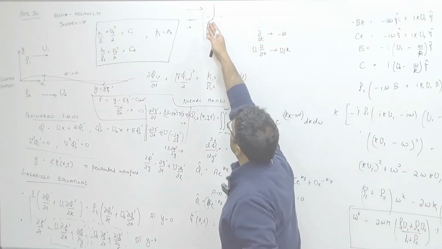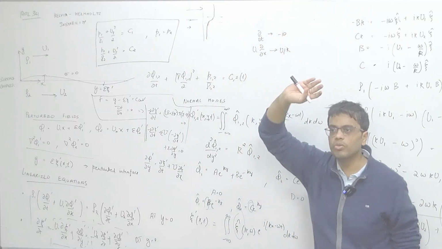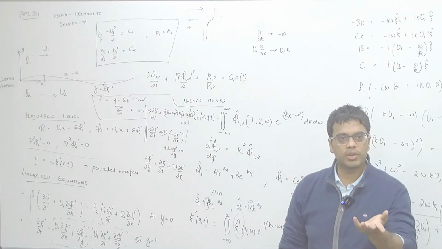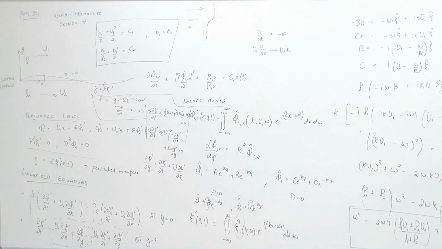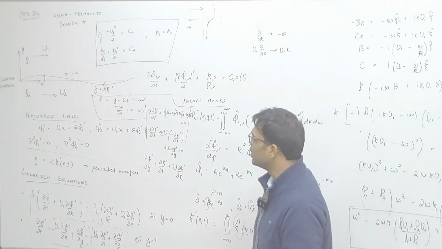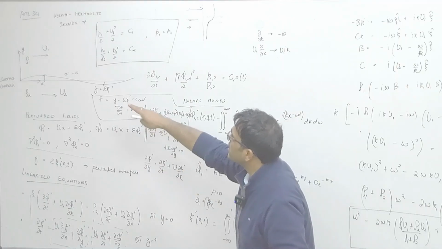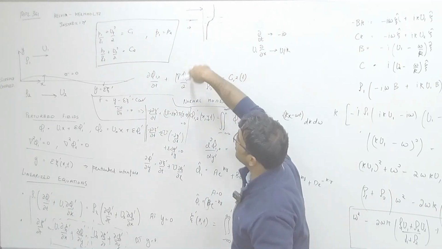And so if you do that analysis, you will end up with an equation like the Sommerfeld equation, where you don't have a nice algebraic relation for omega, but a differential eigenvalue problem. These surface coupled models are a further idealization.